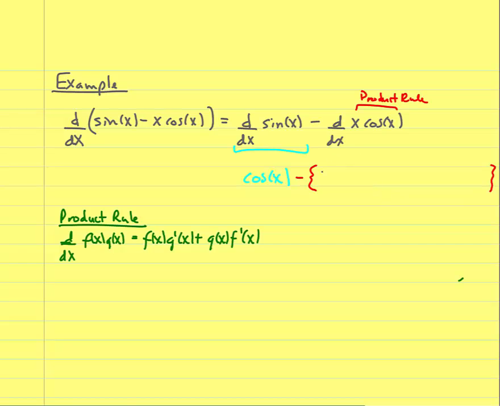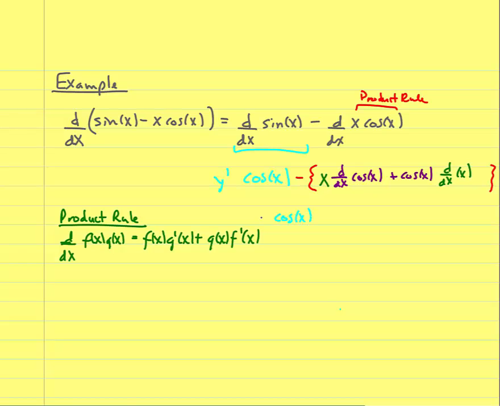So I'll write out the steps before we actually find the derivative. So first function, x, times the derivative of the second function, the derivative of the cosine of x, plus the second function times the derivative of the first function. So that's the derivative with respect to x of x. So I haven't actually taken the derivative yet of that piece, only written out the plan.